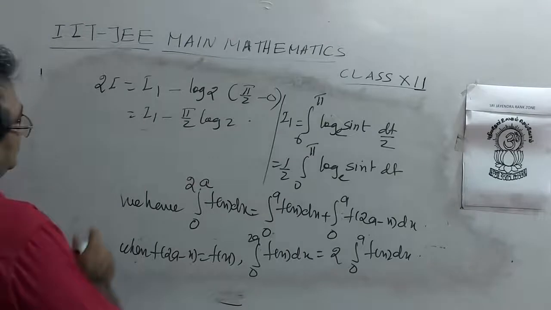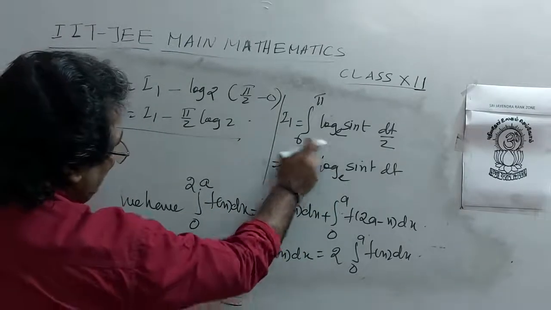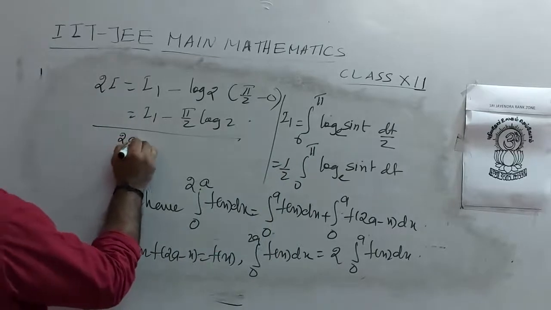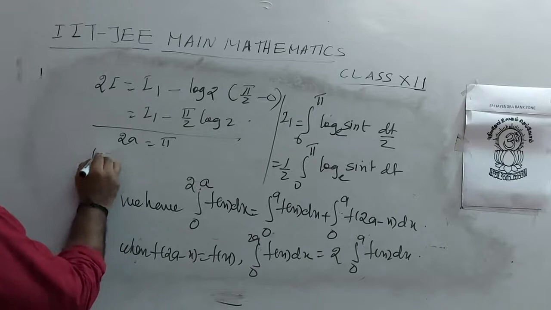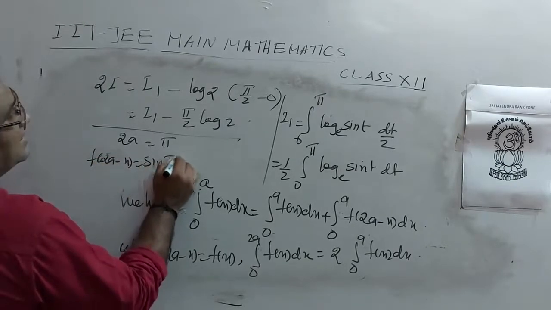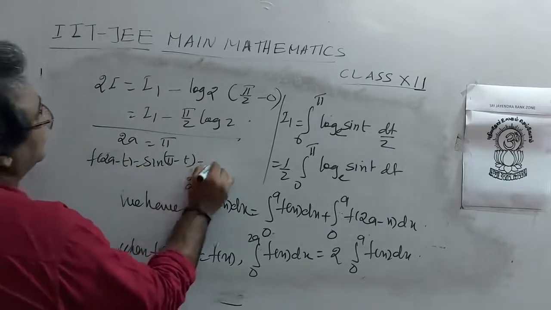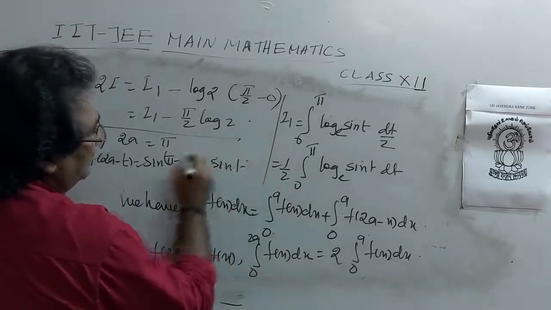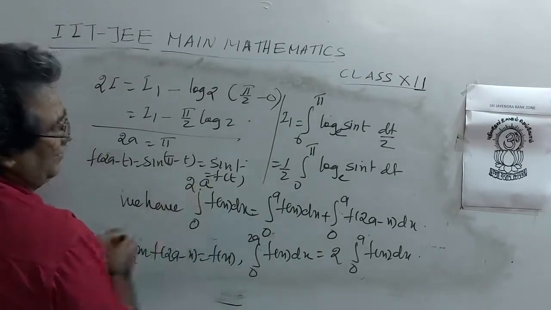Here, in place of 2a we have pi, 2a equals pi. f of 2a minus x is sin of pi minus t, that is sin t, that is f of t.